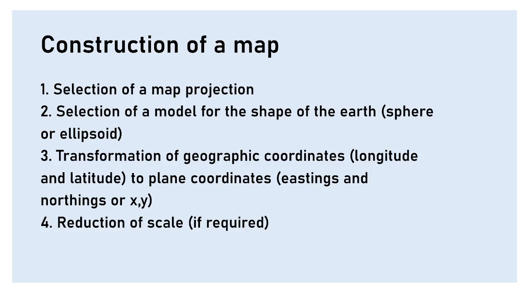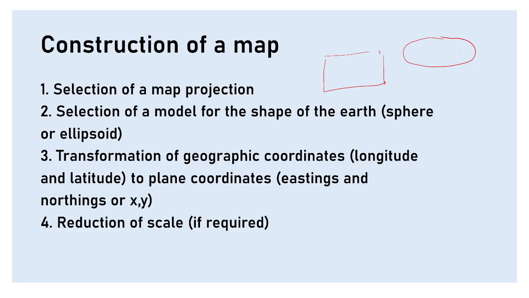And what does map projection mean? Earth can be a sphere or an ellipsoid, right? Whatever it is, it has a curved surface. So we have to represent this three-dimensional thing on a flat paper or a flat surface. For that, you need to do map projection, which we will discuss in detail.